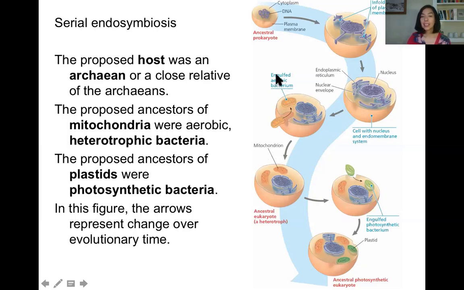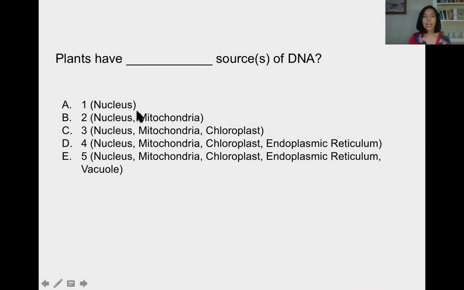So this aerobic bacterium in time evolved into the mitochondria, and these photosynthetic bacteria in time evolved into the plastid. So this is an ancestral photosynthetic eukaryote, and this is how these organelles evolve in eukaryotes. Again, we have a lot of evidence for that, and we're going to cover a little bit more of this next module.